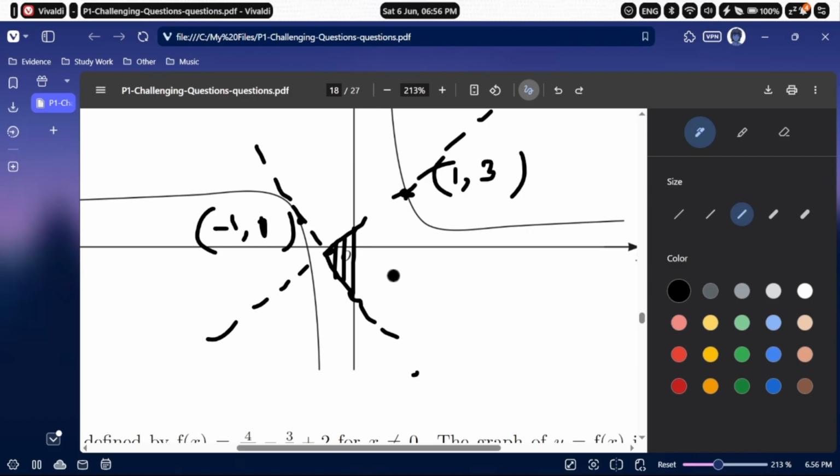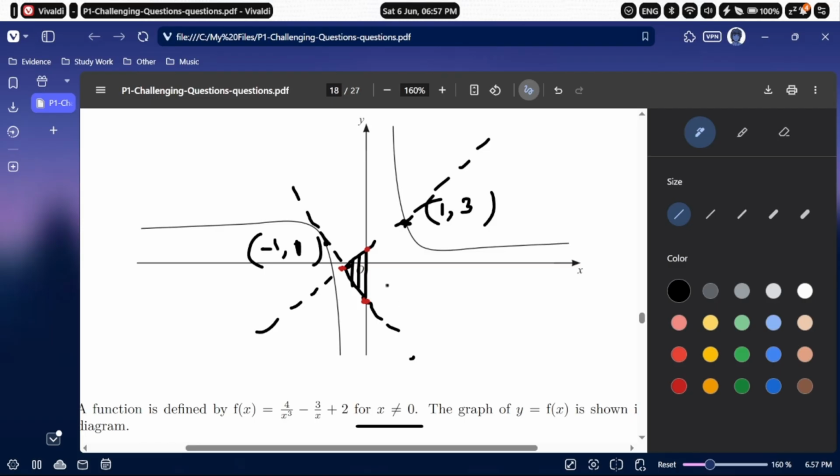Personally, what I would do for this is find out the three vertices, the 3 points of this triangle over here. And because it's not a right angle triangle, I would just use the shoelace method for this. I feel like that would be much simpler.